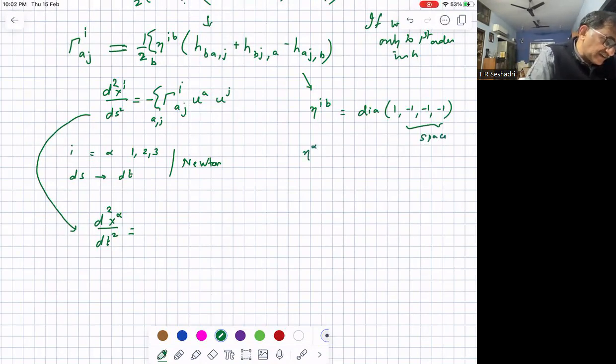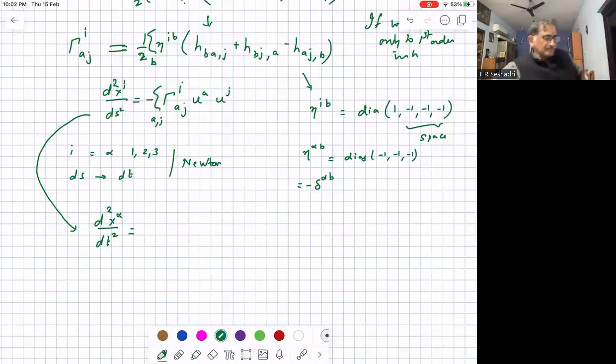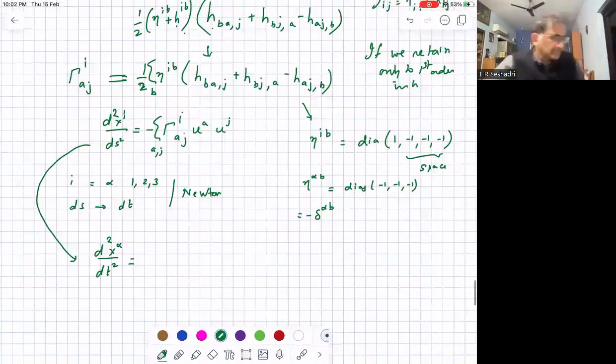So eta alpha B is equal to diagonal minus 1, minus 1, minus 1, which is basically minus of delta alpha B. Are you with me? Yes.